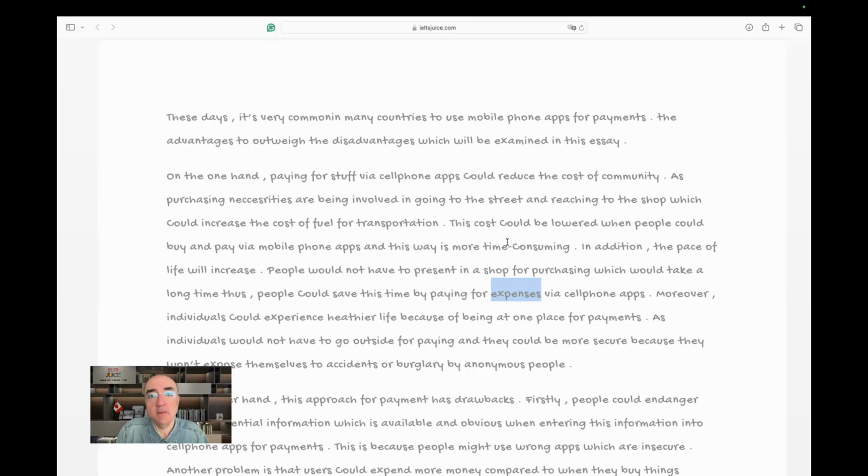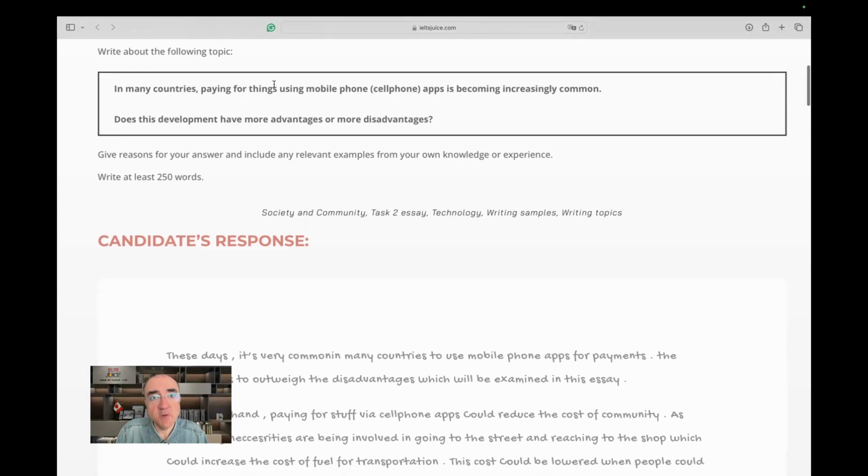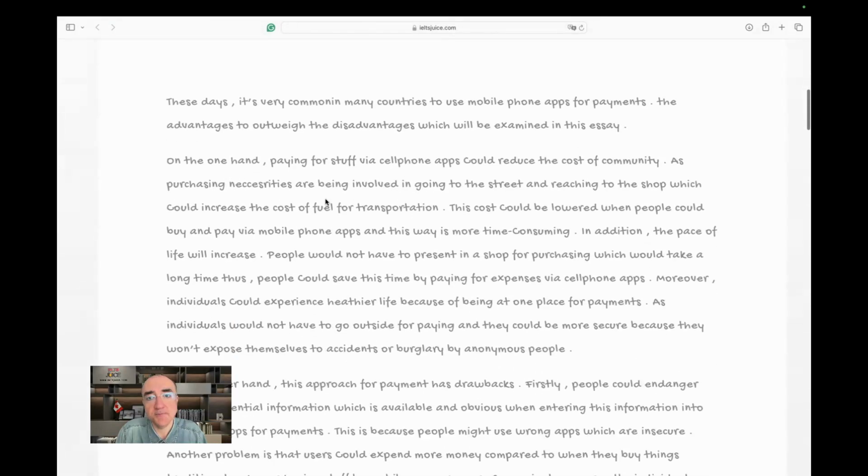And let me go back to the topic again. Paying for things using mobile phones. It doesn't specify which things, but in this scenario, we are focused on commute, and we talked about shops, not banks. You can pay your mortgage in person.